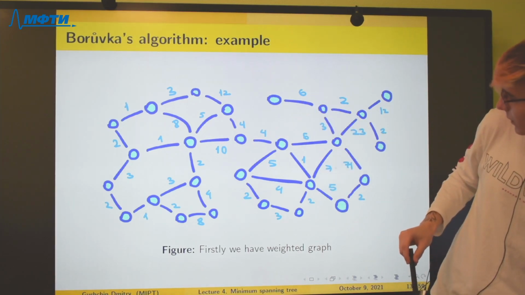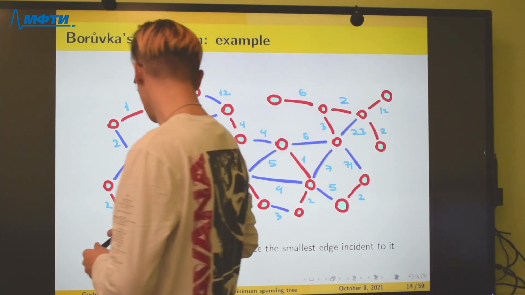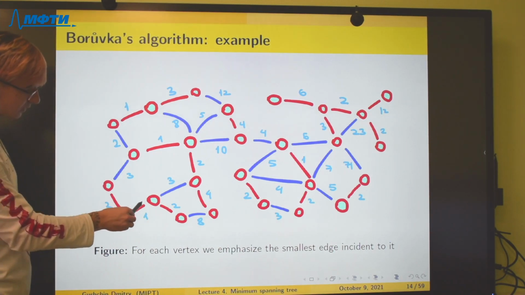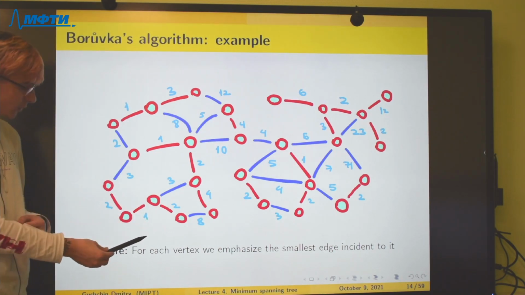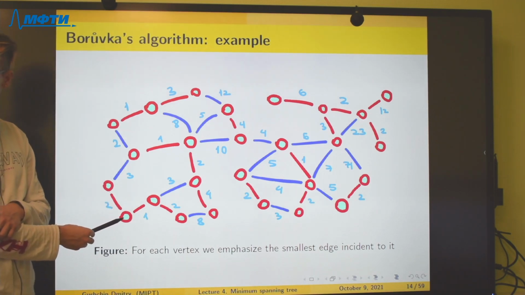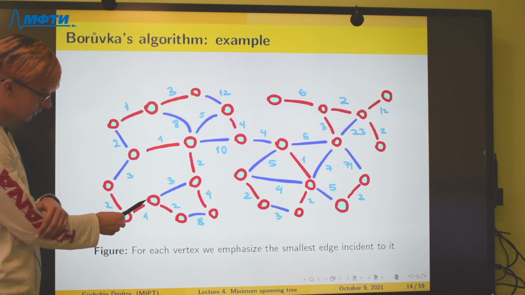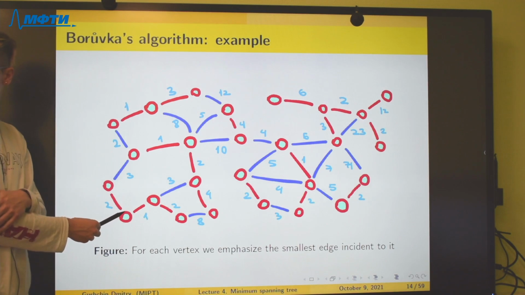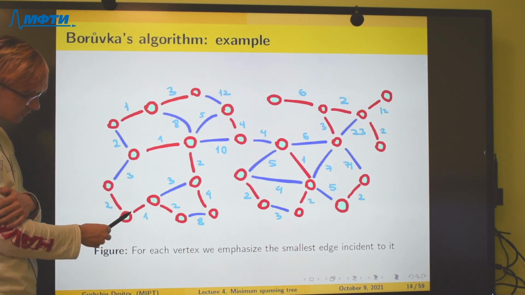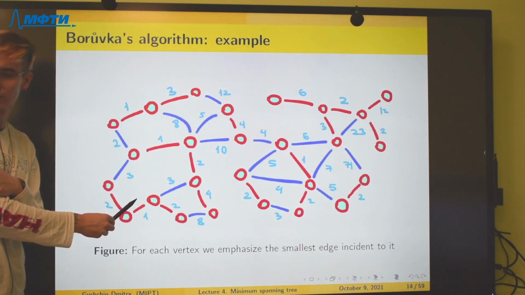So, for example, we can see that after one step we get this big component, because for this vertex it is a minimum weight edge. For this vertex it is the minimum weight edge, and for this it is 2, and for this it is the minimum weight edge.